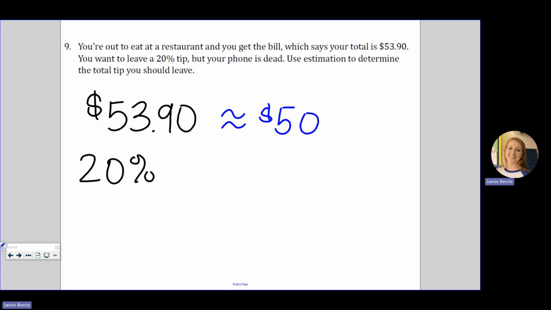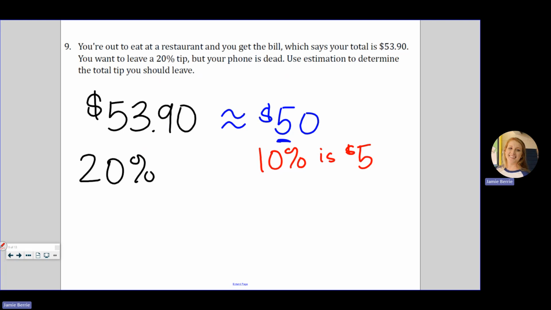I'm gonna do a 20% tip, but it's easier to figure out what's 10% of something. It's always just gonna be that first digit. All right, so 10% of $50 is $5. So it's always whatever that tens digit is.